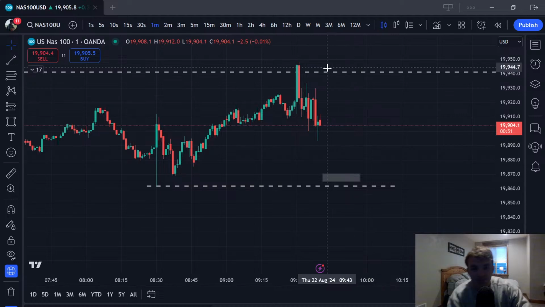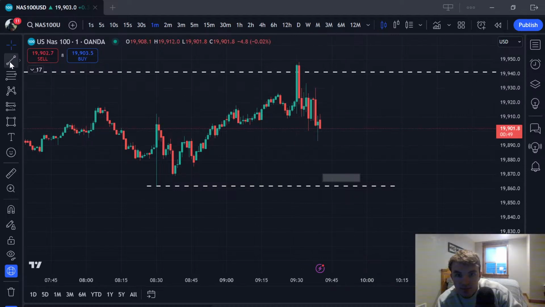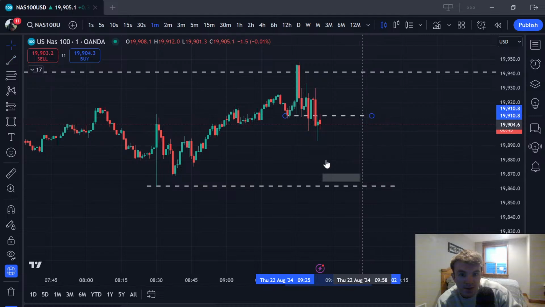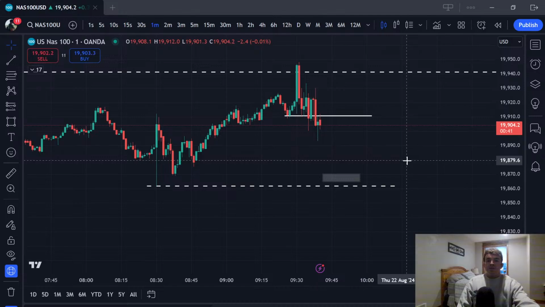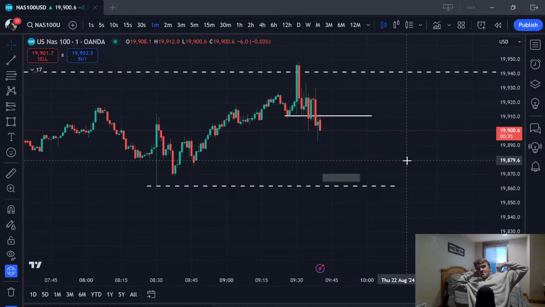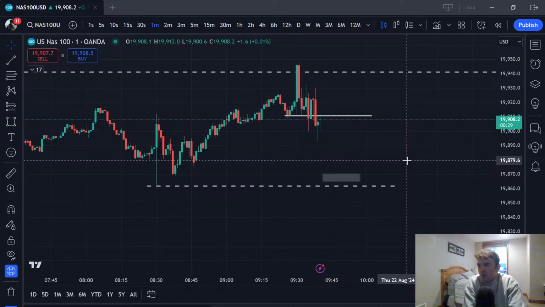Let's see, we're kind of pushing into this order block right here a little bit. Whatever you want to call it, pushing into that order block. We're about to get that inverse on the S&P, possibly.